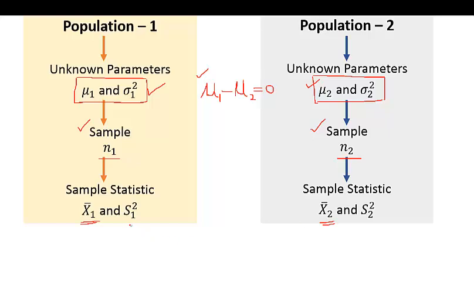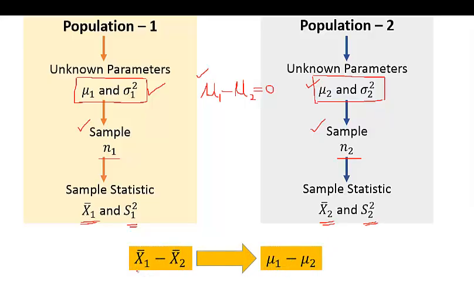Similarly, s1 squared is the variance from the first sample, and s2 squared is the variance from the second sample. And we will use x1 bar minus x2 bar for drawing inference about mu1 minus mu2.